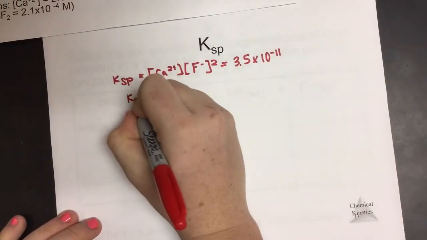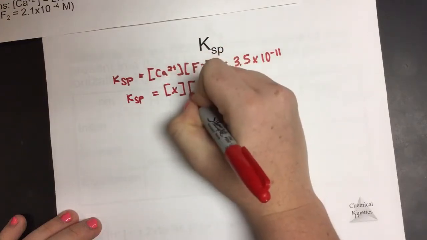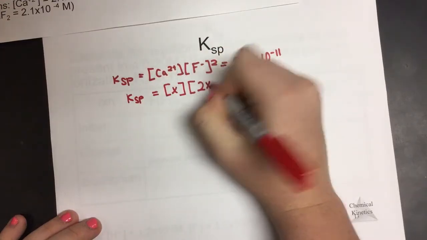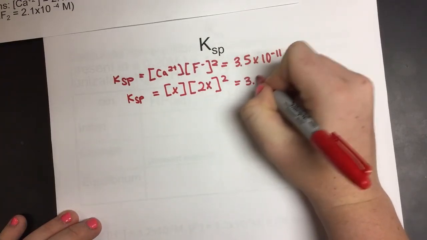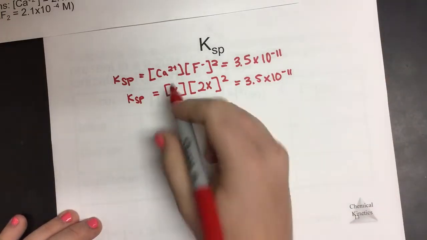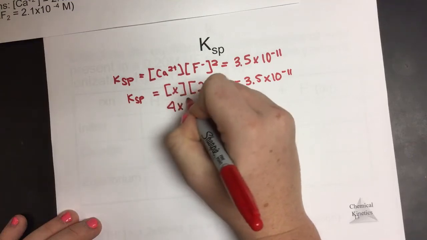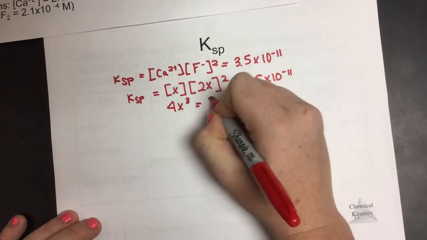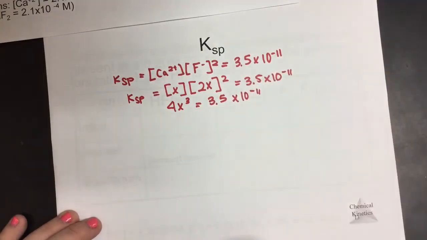So we're going to get KSP equals x times 2x squared equals 3.5 times 10 to the negative 11. So now we just have to multiply these together, so we get 4x to the third equals 3.5 times 10 to the negative 11. And so now all we have to do is solve for x.